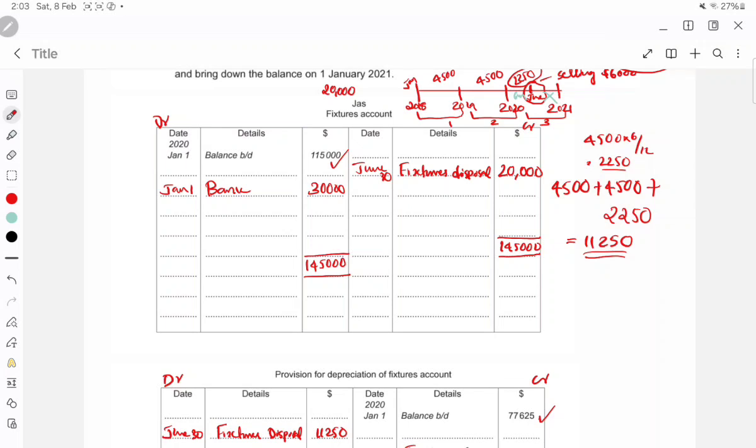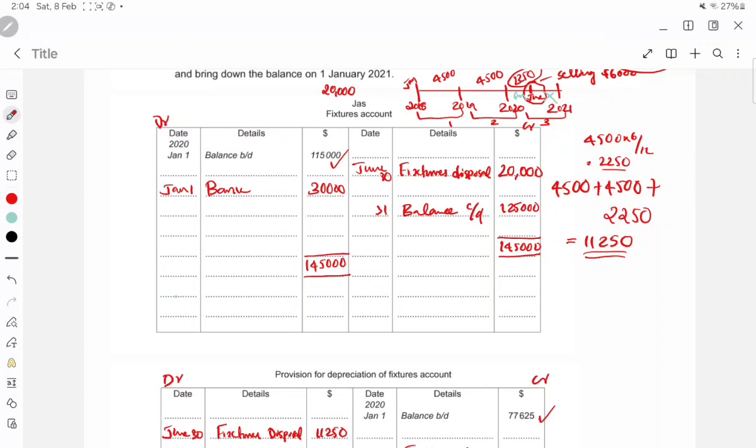So you can write here 31st December, balance carried down, and the amount will be 1,25,000, isn't it? 1,45,000 minus 20,000.